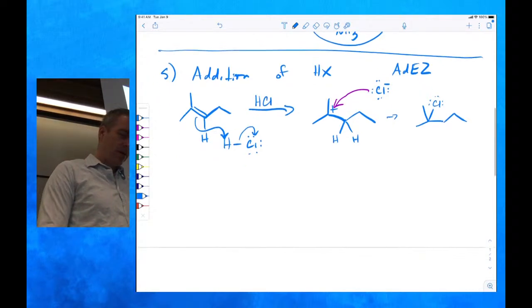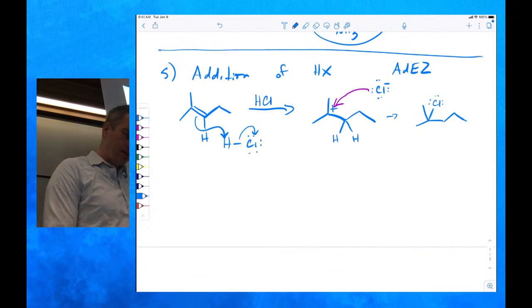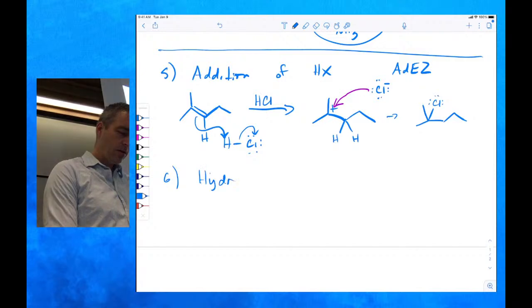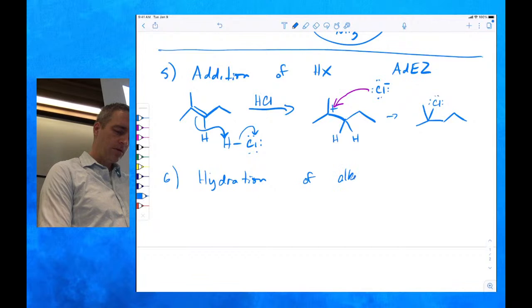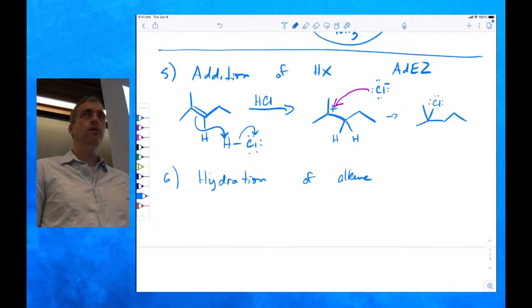Okay, after 5, we have 6, which is hydration of an alkene. Hydration means addition of water.